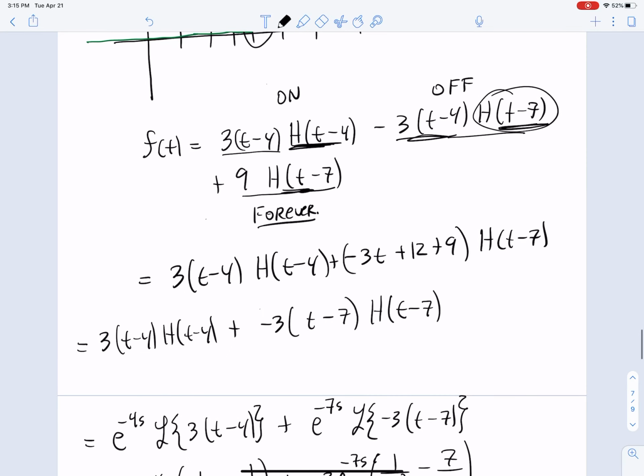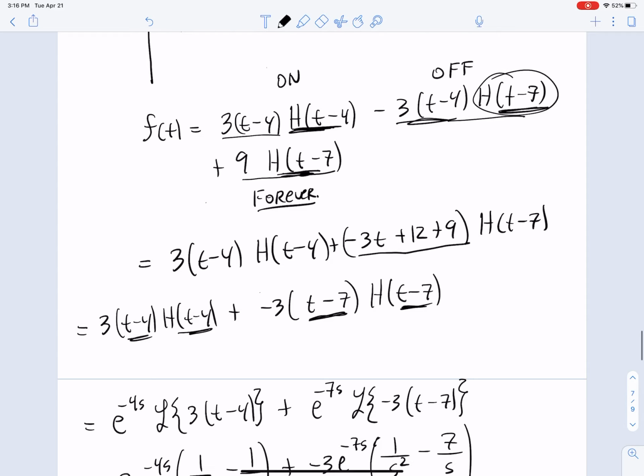So I'm just going to distribute and combine it, right? Both of these are times t minus 7. So let's distribute that, and I get minus 3t plus 12 plus 9. And I want a t minus 7 here. Well, it turns out if I just factor out a negative 3, I get t minus 7, t minus 7, t minus 4, t minus 4, and we're all paired up and ready to apply our formula.